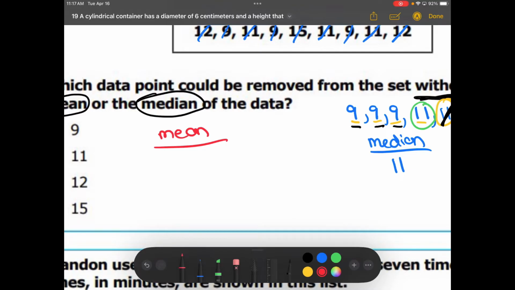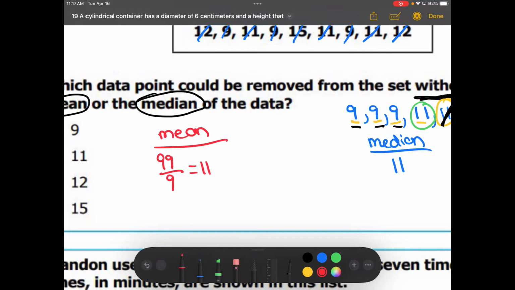What did you get? Those of you who got 99. So how many numbers are there? 9. So you add them all up and divide by 9. What does that give you? So right now, what we're trying to do is determine if 11 is the answer.